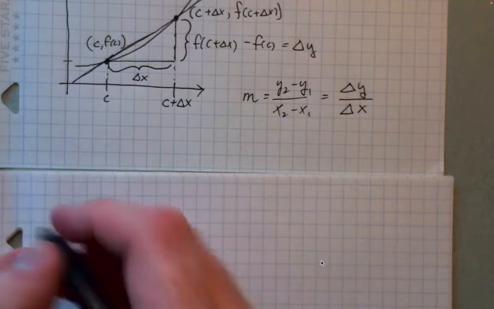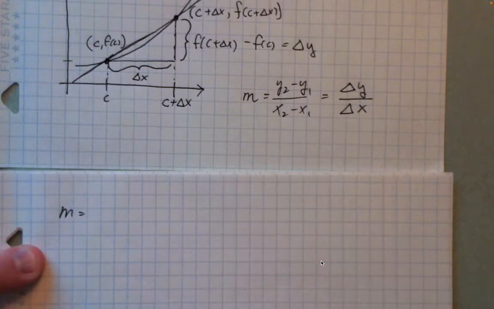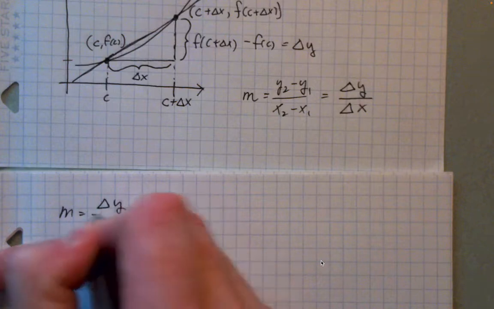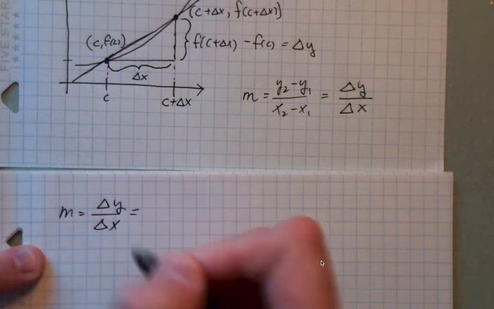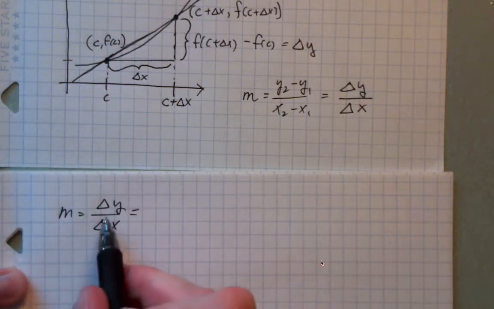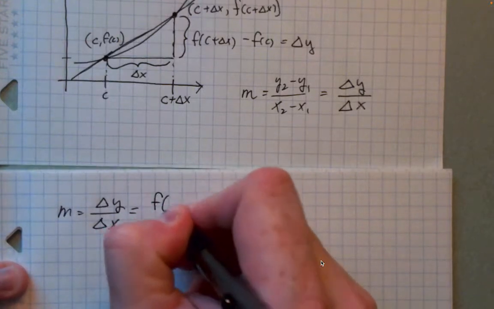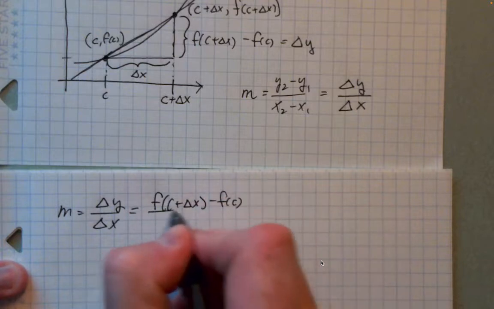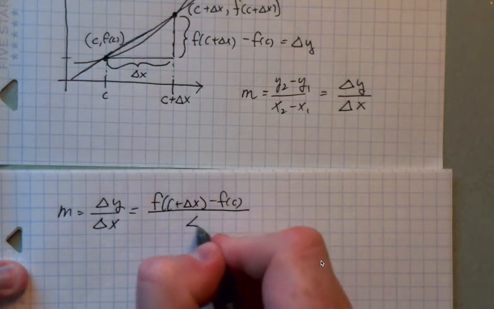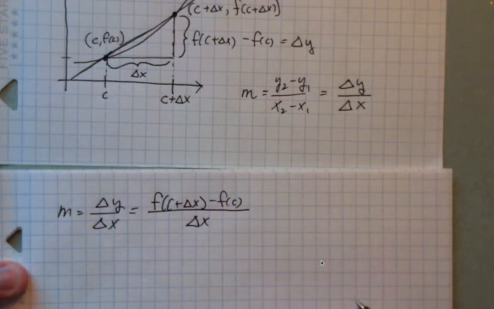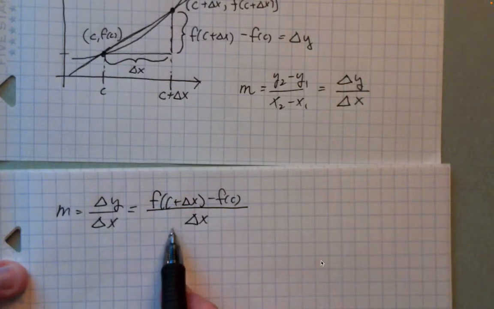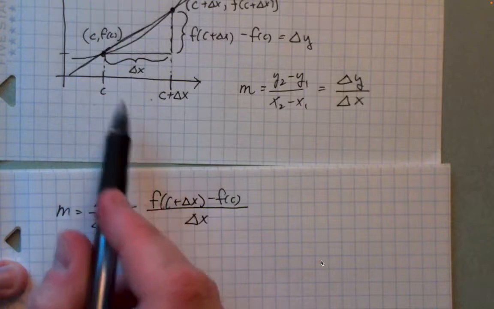So we could write, as I have here, m is equal to delta y over delta x, which is equal to, what's delta y? Well, it's f of C plus delta x minus f of C, divided by delta x. Technically this would be C plus delta x minus C, but we just skipped that step.